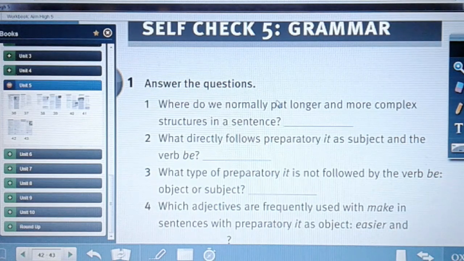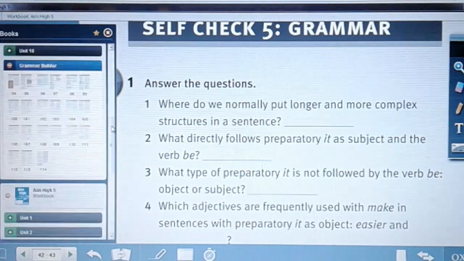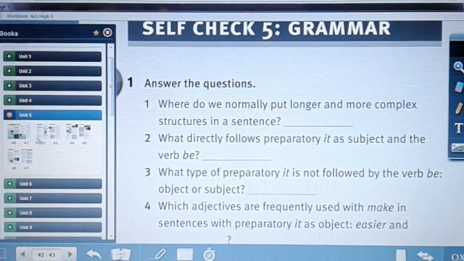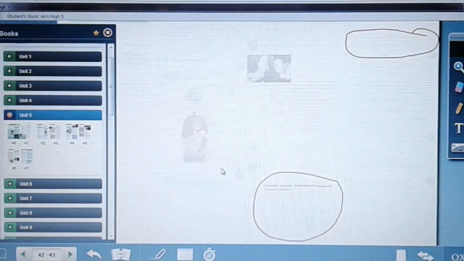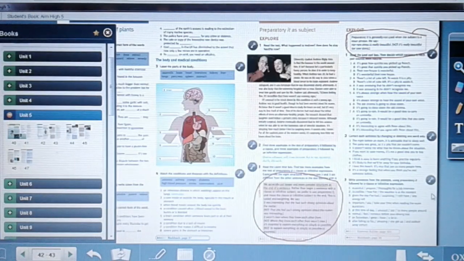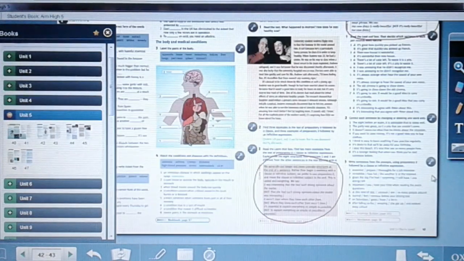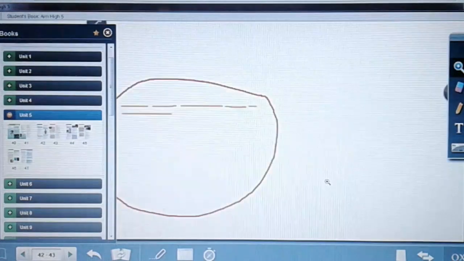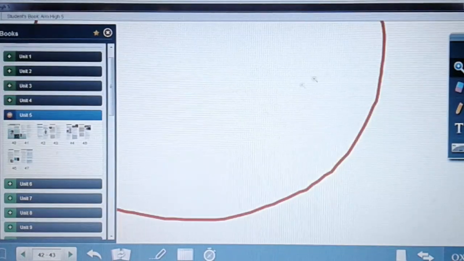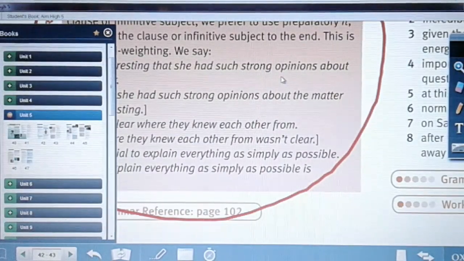I'll give you one example. Number 1. Where do we normally put longer and more complex structures in a sentence? So to find this answer, I might start by seeing the learn this box in student book, page 43. There's the answer.